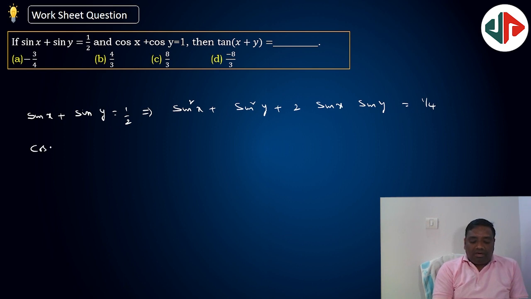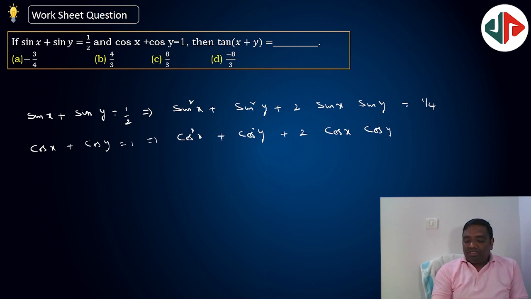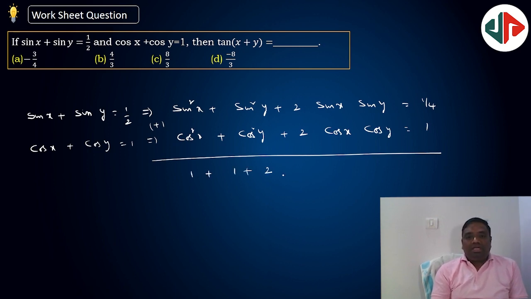In the same manner cos x plus cos y is equal to 1. Squaring on both sides, cos square x plus cos square y plus 2 times cos x into cos y is equal to 1. If we add these two equations, 1 plus 1 plus 2 times cos x cos y plus sin x sin y equals 1 by 4 plus 1, then what is the value that will exist here?